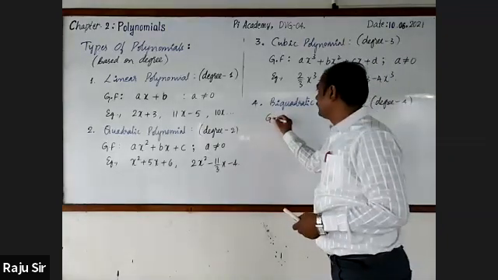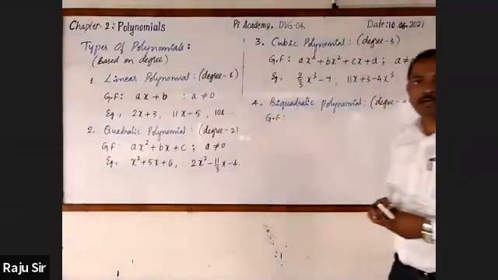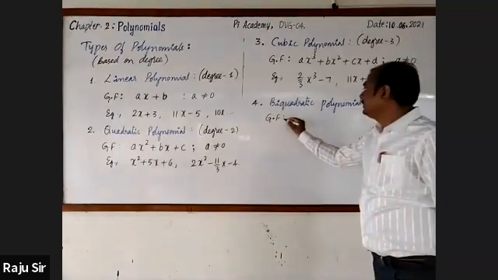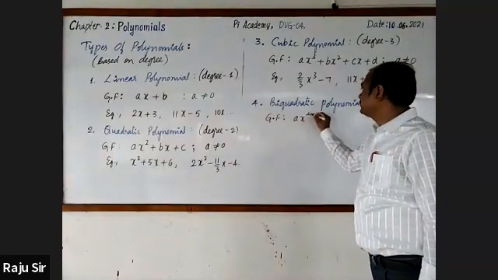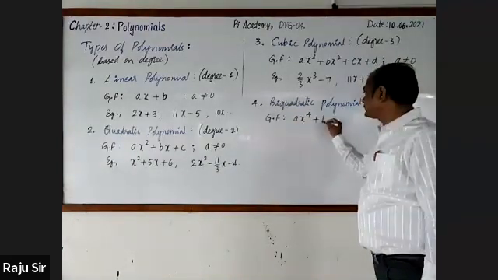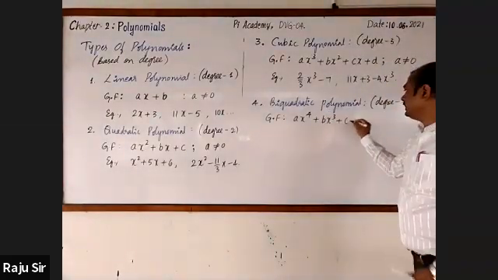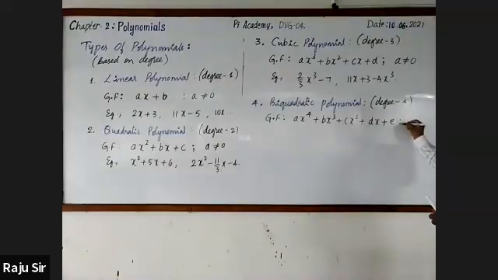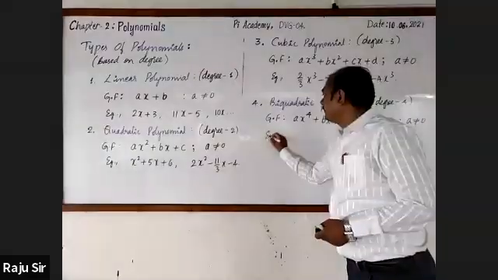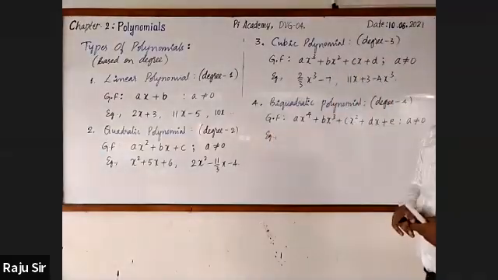Write the general form of a biquadratic polynomial. It is ax raised to the power 4 plus bx cube plus cx square plus dx plus e, where a is not equal to 0. And write an example.